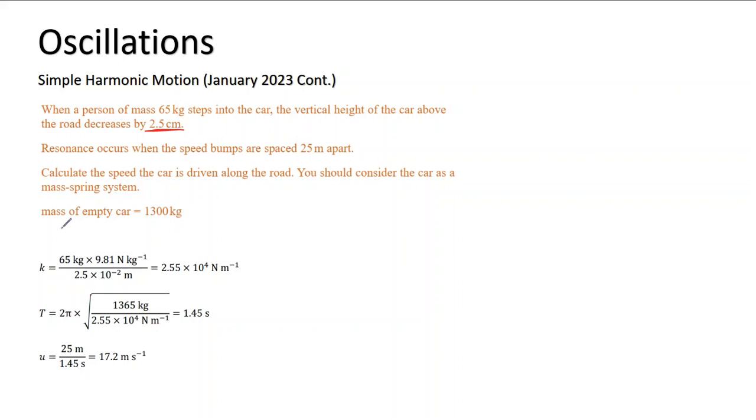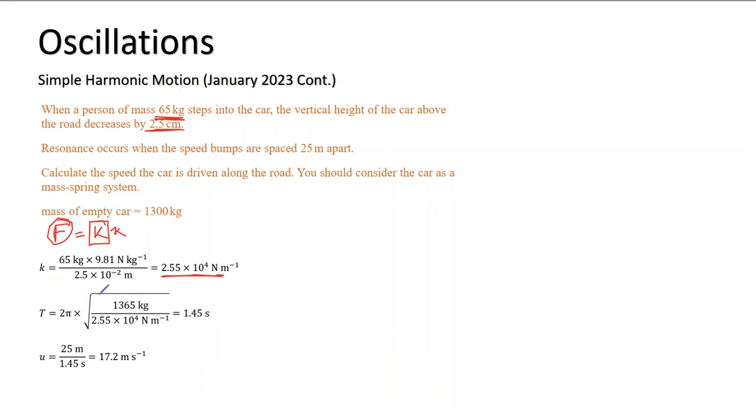So we all know F equals kx. So F would be the weight of the person, right? F would be the weight of the person, and x is 2.5 centimeter. So from here you make k the subject of the equation and you get the spring constant.